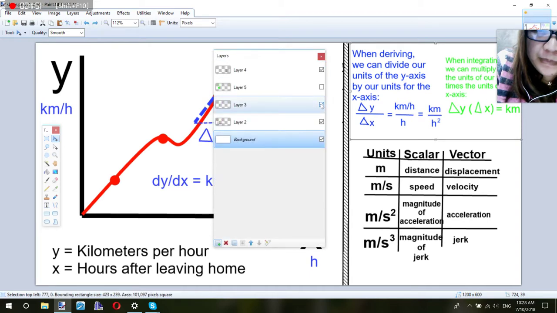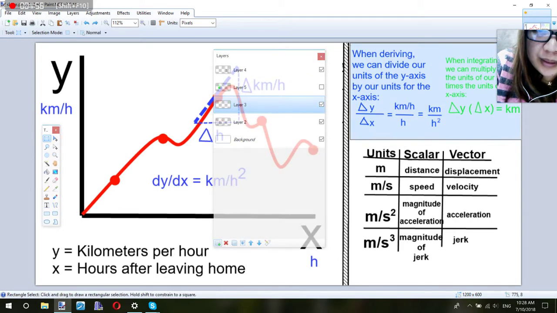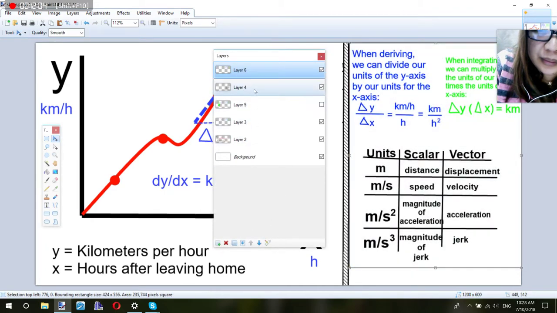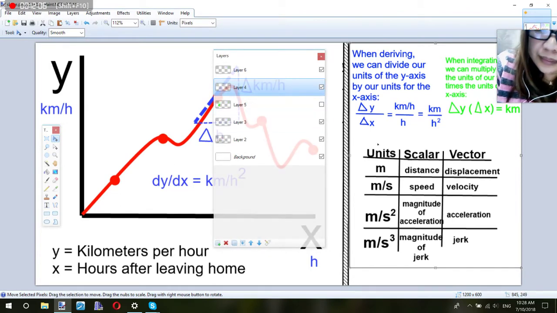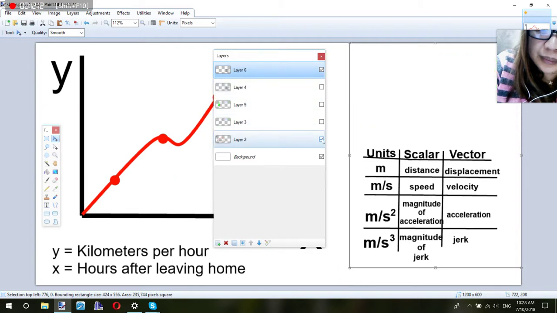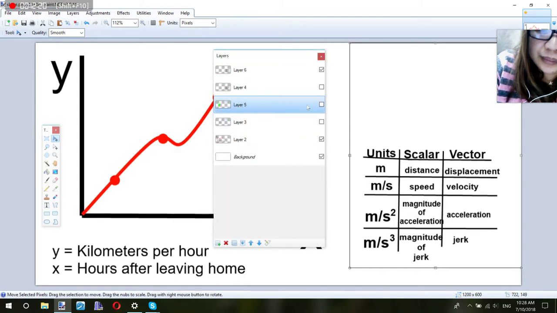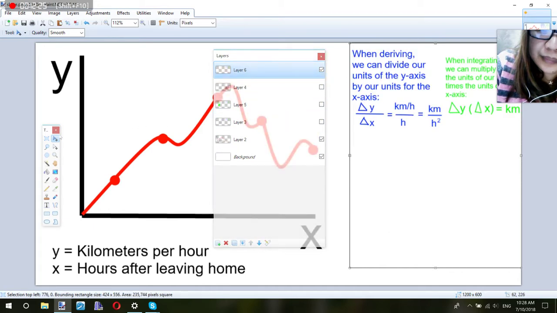Alright, so if I get rid of all of this, I'm going to copy just this part into a new layer so that we still have it as a reference. And then we'll get rid of everything else. Oh, I see.